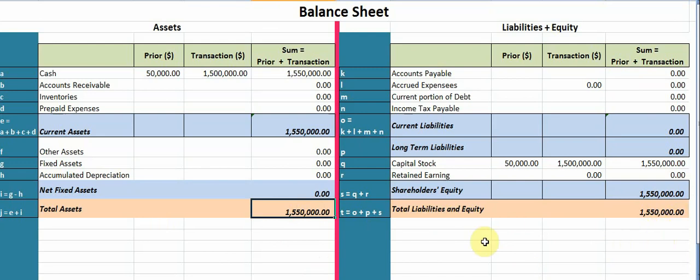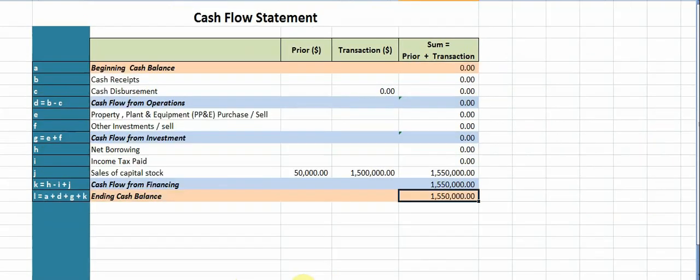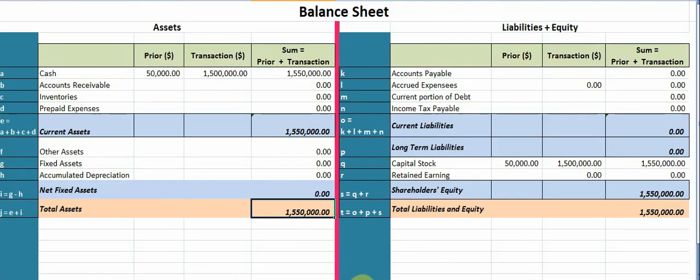So let's revisit what are the entries I have made for this financial transaction. This is the income statement. There is no entry for this transaction. In the cash flow statement, I made an entry of $1.5 million for this transaction against sales of capital stock, and then go to the balance sheet.